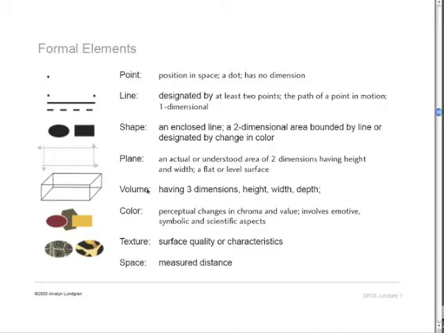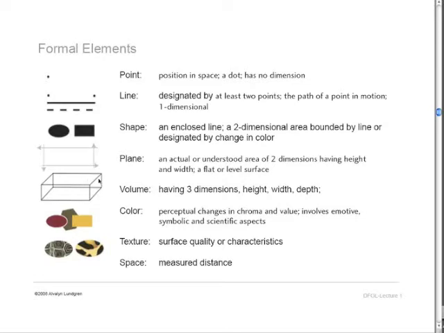Volume is the idea of having three dimensions: height, width, and depth. In two-dimensional understanding, volume is an illusion. And so we can create the sense of, okay, this is a box, and it's transparent, we can see through it, and say this is the front plane, and it is outlined, so there's this rectangular shape there. Then there's this parallelogram shape going back, recognizing the transverse, and it's echoed over here.